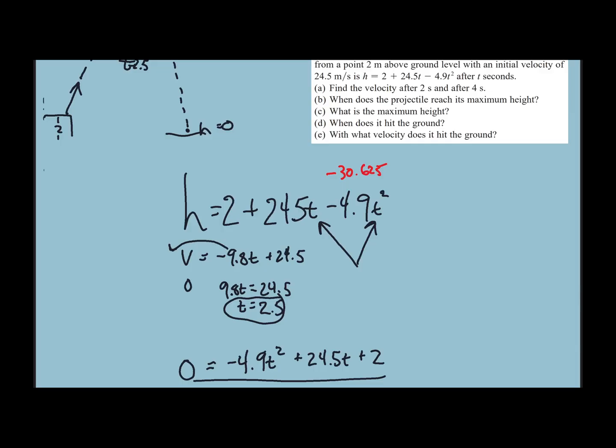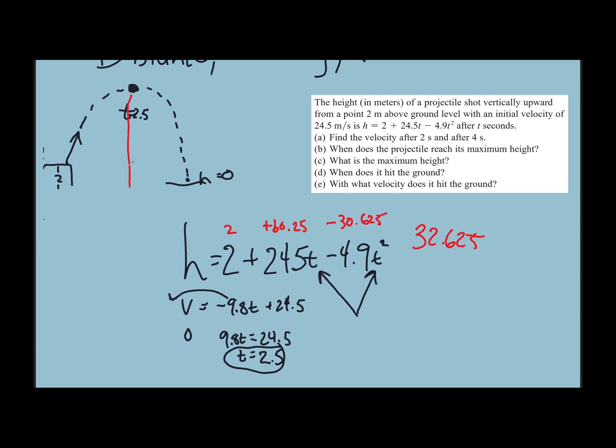And let's plug in 2.5 for the velocity factor, which is 6.0 times 2.5, and then we have a 2 here. So let's put them together. And you're going to get 32.625. That's the maximum height here. I'm just going to write 32 because you should get what I'm saying here.